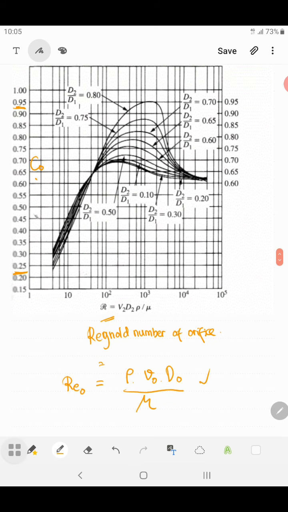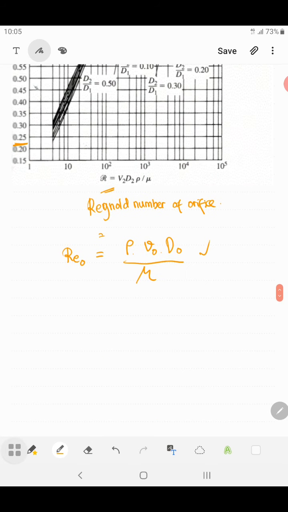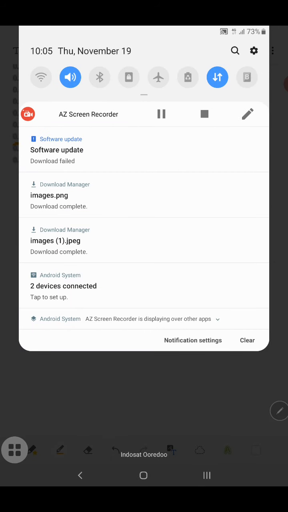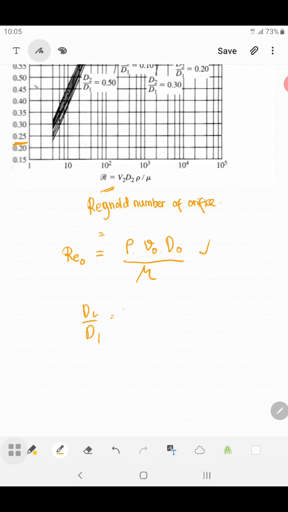Once you have calculated the Reynolds number, the second step is calculating d2 over d1, the comparison between the diameter of the orifice and the diameter of the inside pipe.